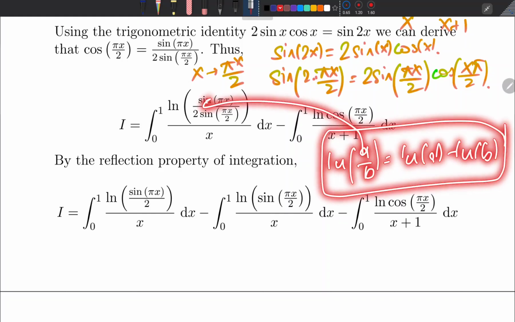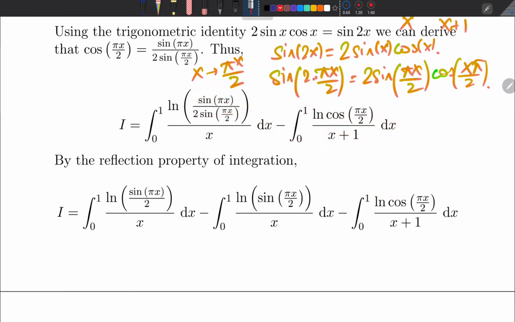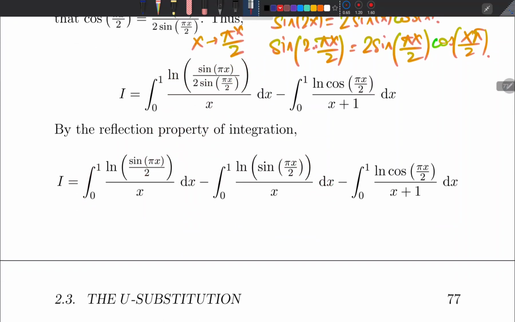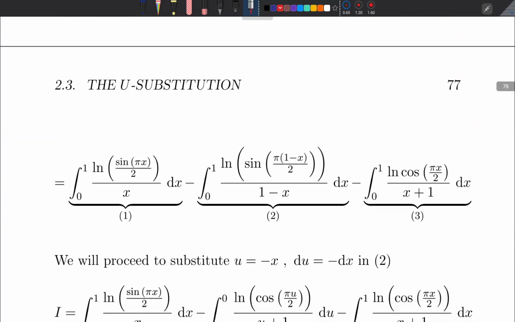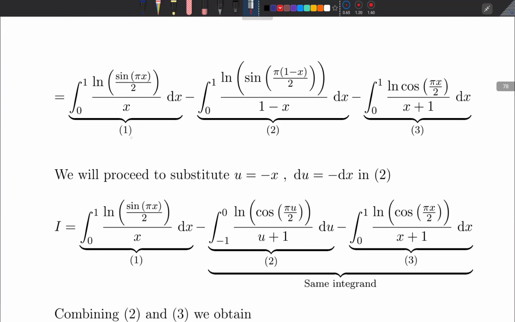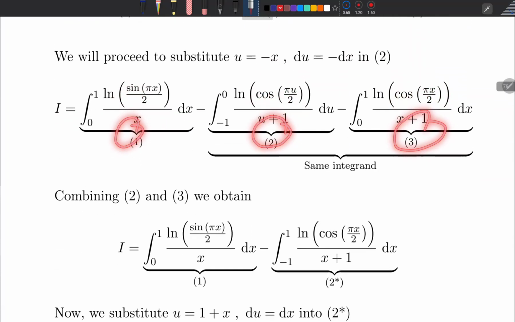So your a is sine of pi x and your b is 2 sine of pi x over 2. For that case we can split this integral into two separate integrals as well. So basically we now have three integrals to solve, and we have assumed them as the first, second and third integral.